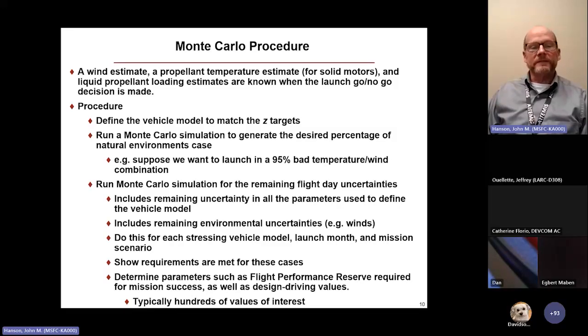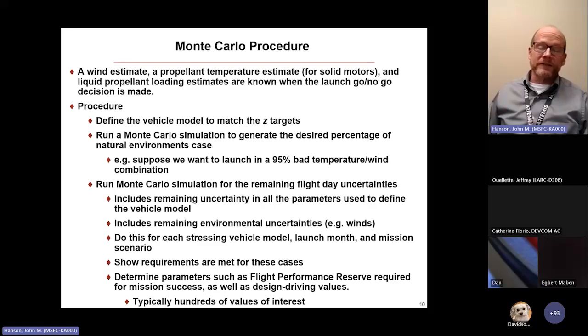You'll have an estimate, most likely, for how much liquid propellant you have loaded. There'll still be some uncertainty in that. So we define the vehicle model to match our targets. We run a Monte Carlo sim to get the desired percentage of natural environments case that we want to run.